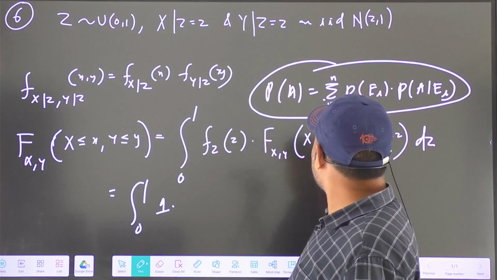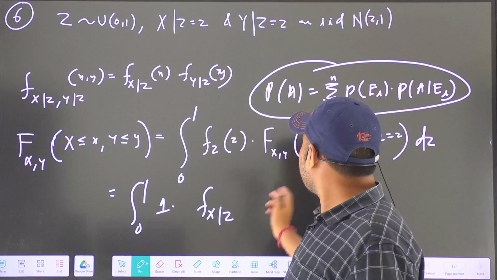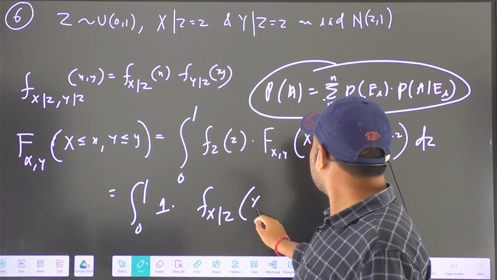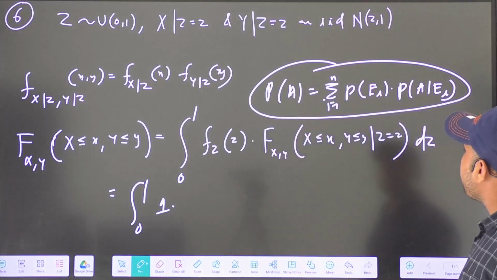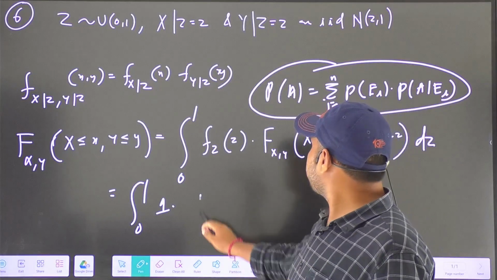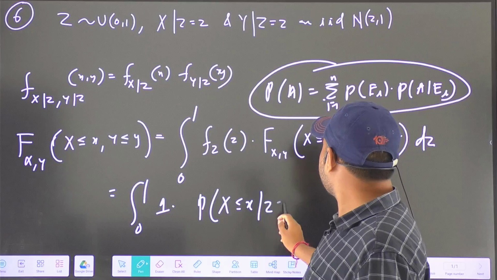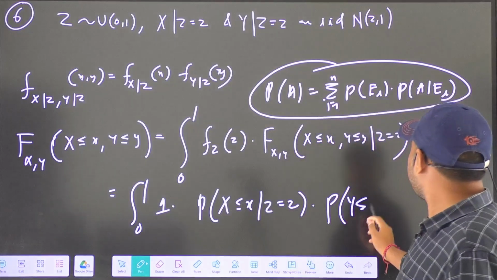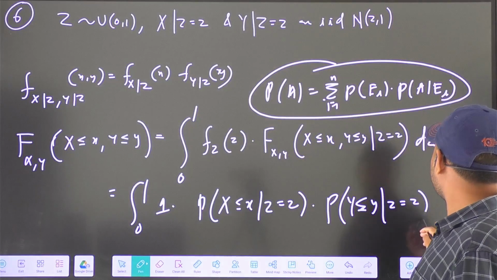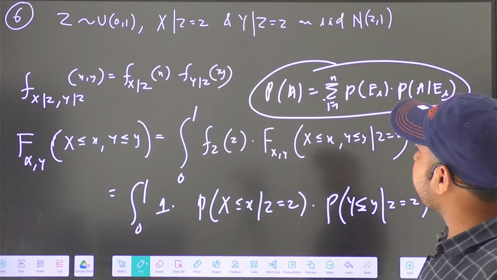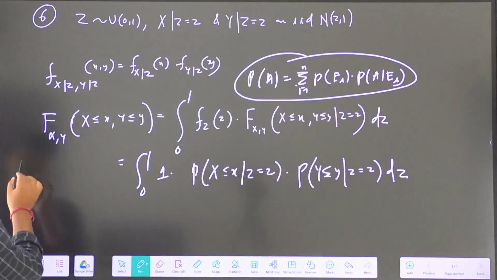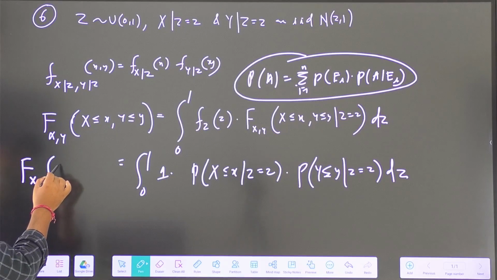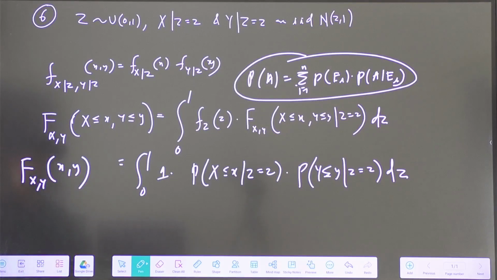And since X given Z and Y given Z are independent, this will become, it's a CDF. Now what can you do? If you integrate it, will you get this? I was finding the joint CDF of X, Y, and can we integrate it now?